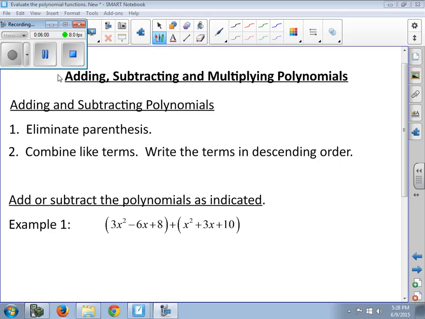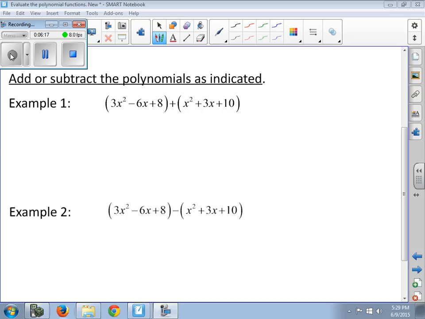Adding, subtracting, and multiplying polynomials. First of all, adding and subtracting. We will eliminate parentheses, combine the like terms, write the terms in descending order. Okay, when we add or subtract polynomials, we'll first take off the parentheses.